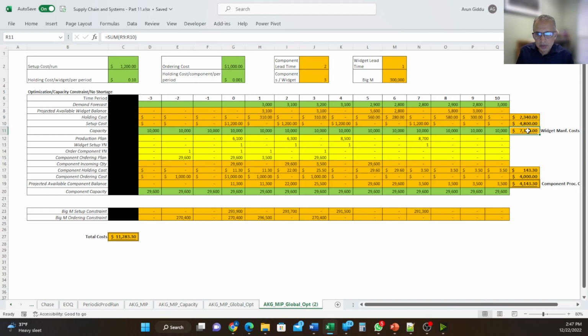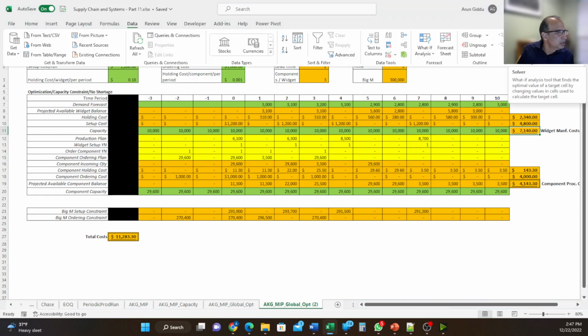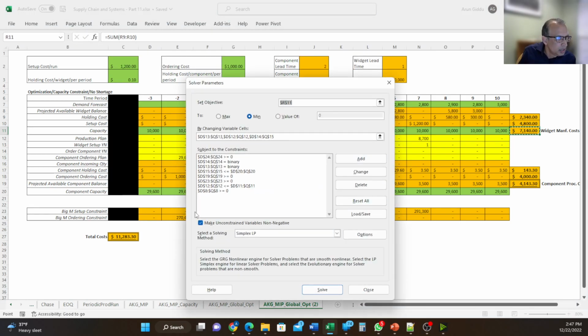Now, let us minimize the cost of purchasing, leaving the manufacturing cost as is. Let me make changes to the solver to do just that. I'm saying do not touch rows 12 and 13, which are the manufacturing rows. So 12 and 13.